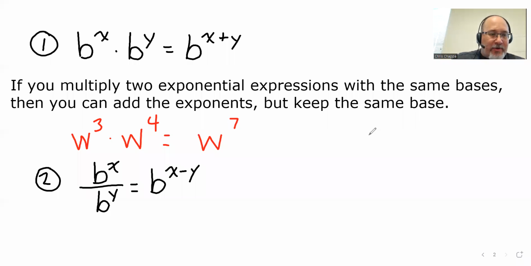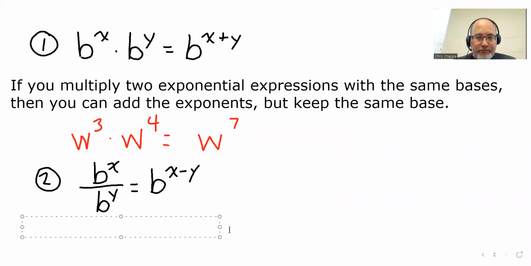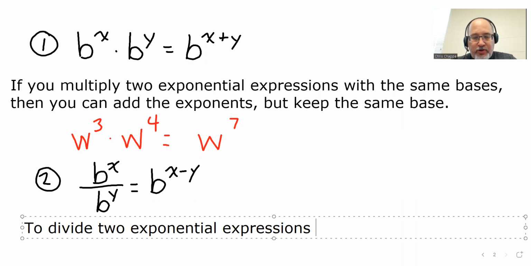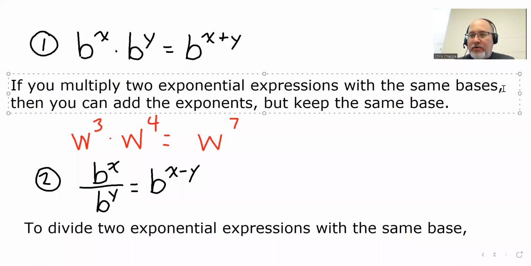And again, this can be written as words. To divide two exponential expressions with the same base, I think same base should be singular there, so I'm going to go back up here and fix it as well. All right, so back down here.